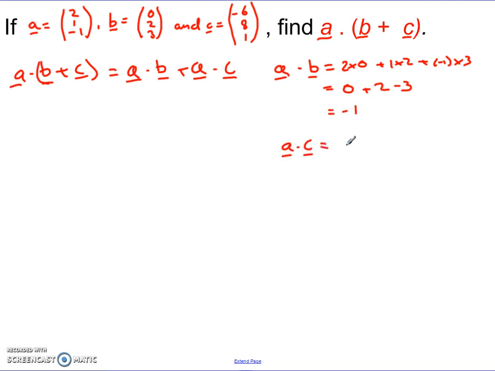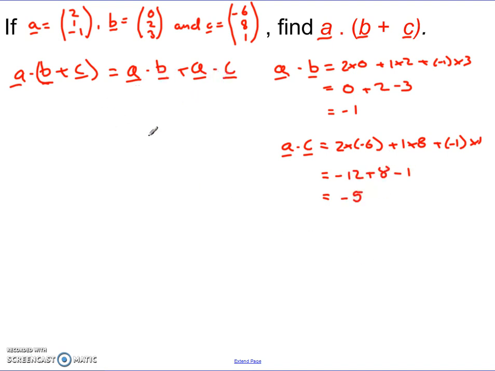For the scalar product of the A dot C elements, again this one and this one, I get 2 times negative 6 plus 1 times 8 plus negative 1 times 1. 2 negative 6's, that's negative 12, 8 ones are 8, negative 1 times 1 is minus 1. Negative 12 plus 8 minus 1 gives you negative 5.